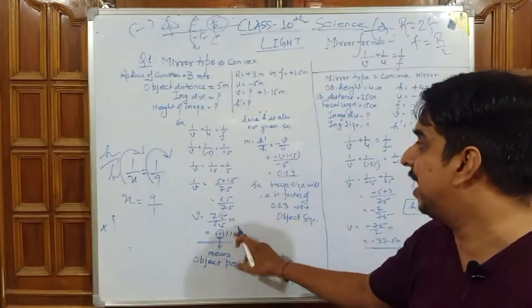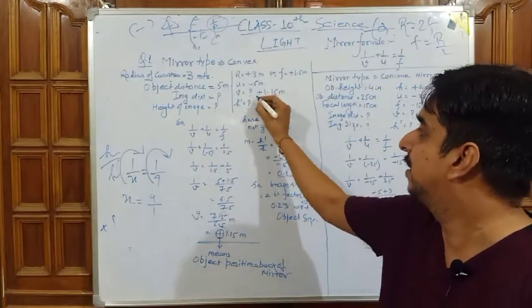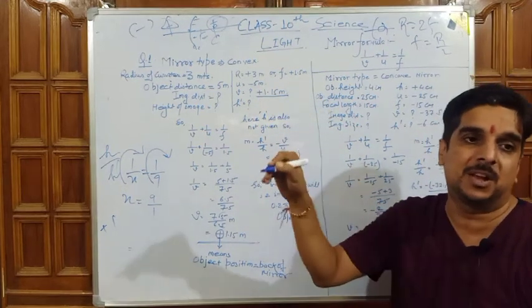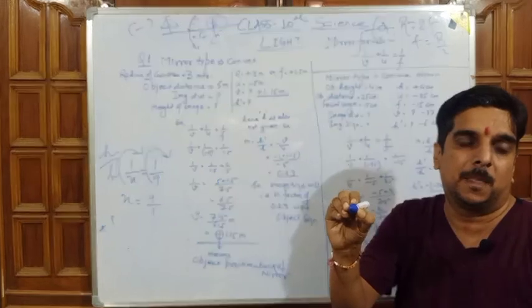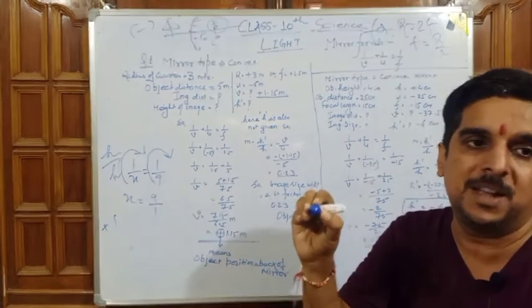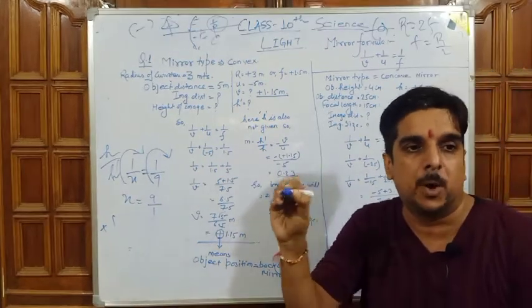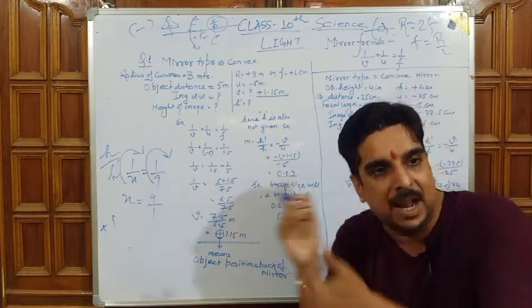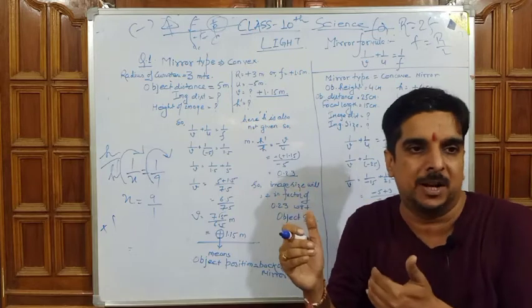So for that we got the answer: plus 1.15. In other words, the image will form 1.15 meter at the back side of the mirror.